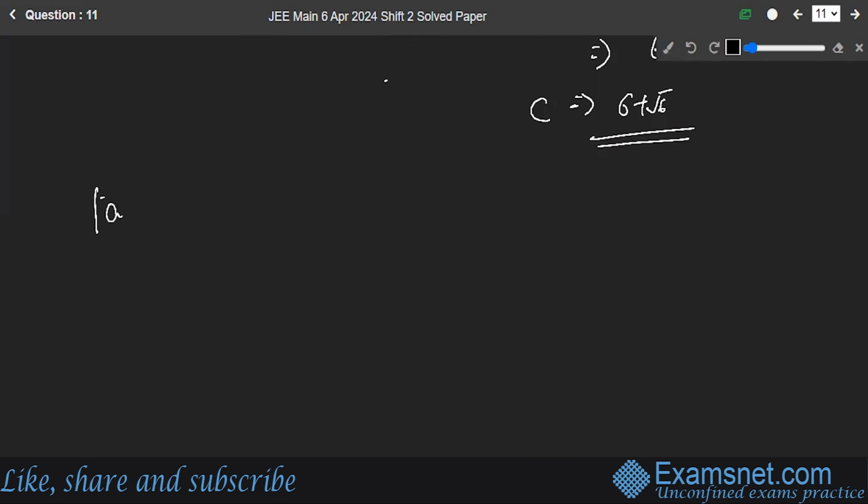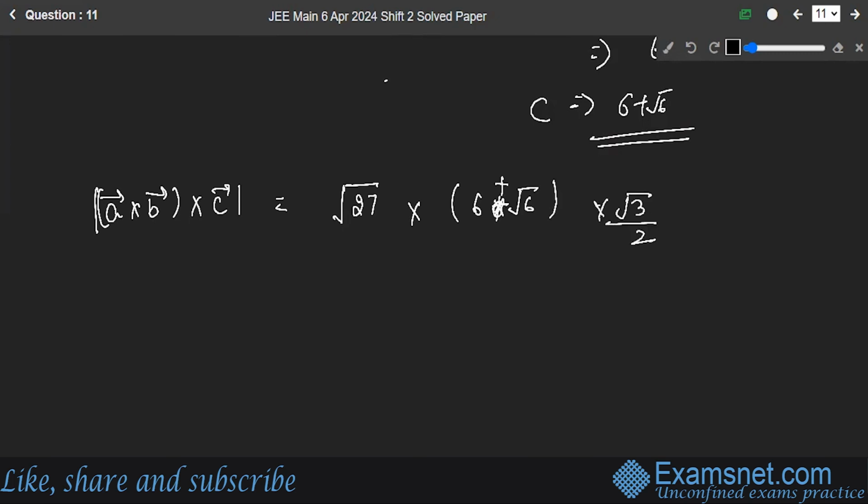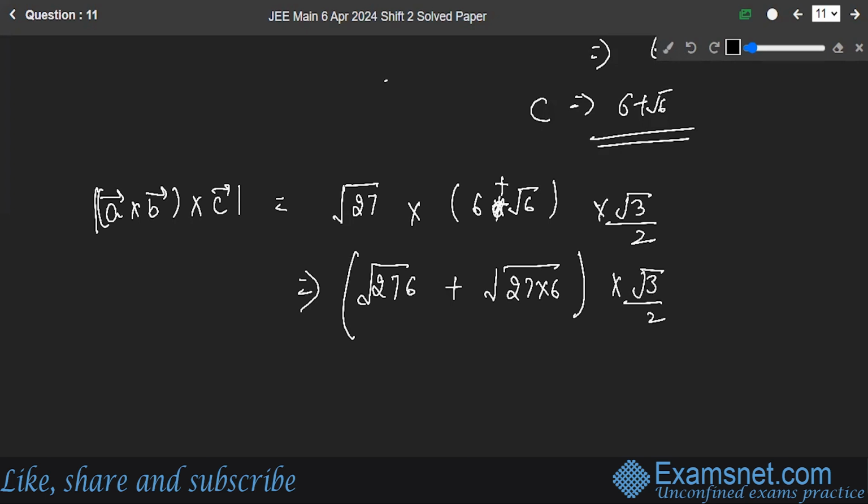Now let's come back to what we had to find out: the magnitude of a cross b cross c. This is equal to root of 27 multiplied by 6 plus root 6 under the root, multiplied by root 3 by 2. Let's solve it like this: leave it.